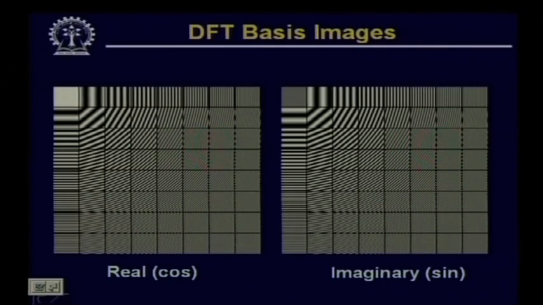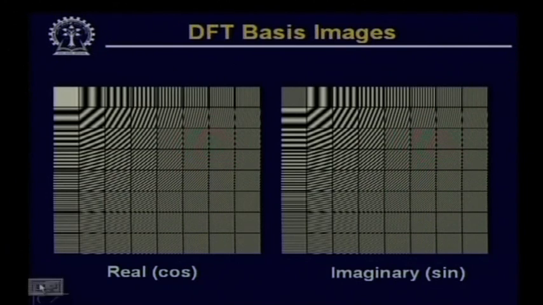Now, as we have defined the Fourier spectrum, the phase, and the power spectrum in case of analog images, all these quantities are also defined in the same manner in case of discrete images.